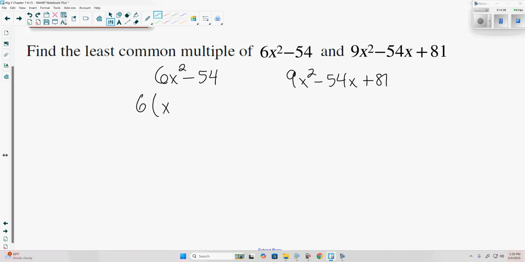Yes. So 6x squared and 54 have a greatest common factor of 6. So if we factor the 6 out of 6x squared, we're left with x squared. We factor the 6 out of 54, we get 9.